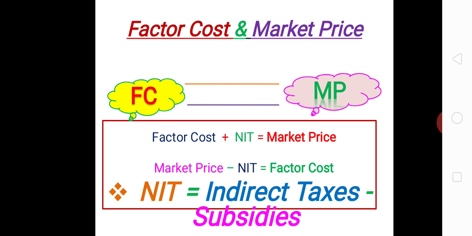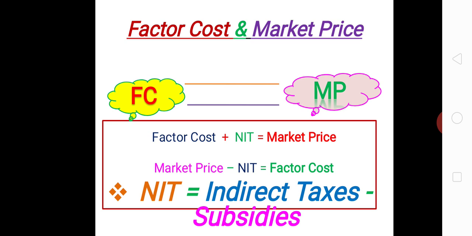Similarly, if factor cost is given, then add NIT to factor cost, we will get market price, or factor cost plus IT minus subsidy is equal to market price. That is, GDP FC plus NIT is equal to GDP MP, or GDP FC plus IT minus subsidy is equal to GDP MP.